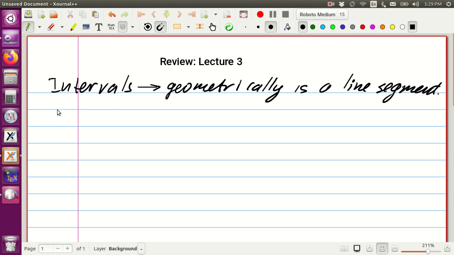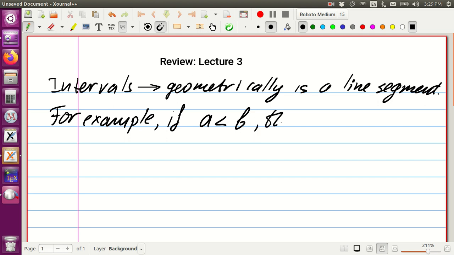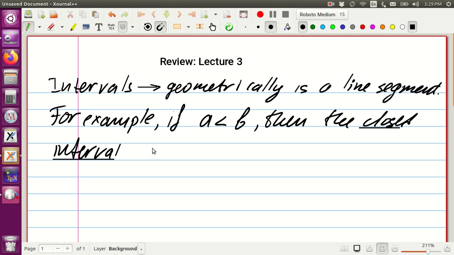So let's look at this. For example, if A is strictly less than B, then the closed interval from A to B is the set.